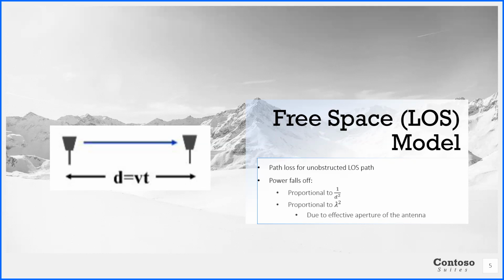In general, the free space model states that power drops in proportion to the inverse of the distance squared. It is also proportional to lambda, the wavelength, squared, and inversely proportional to frequency squared, all of which are produced by the antenna's effective aperture.